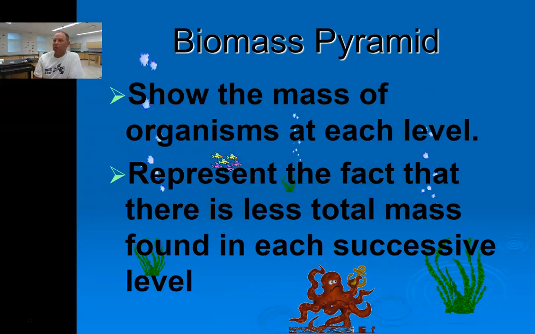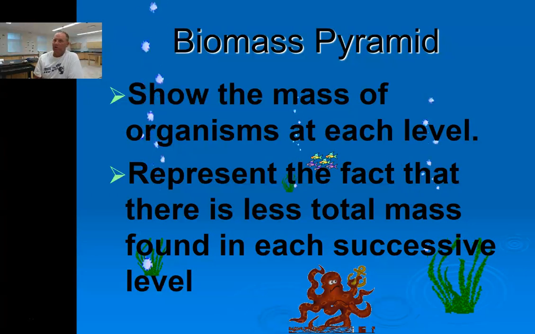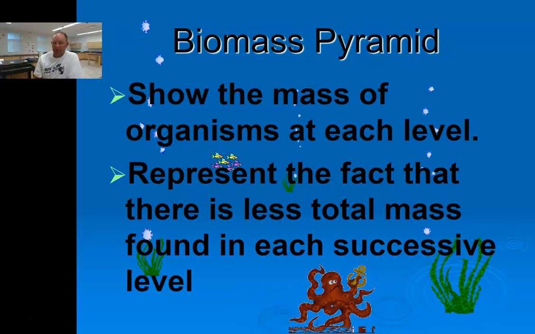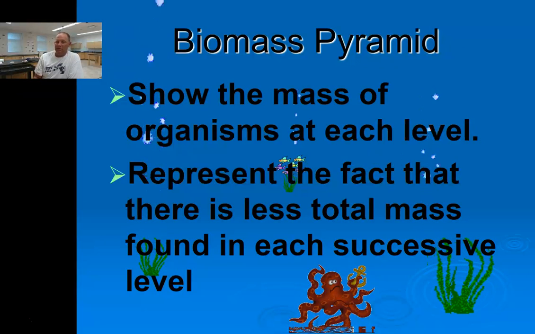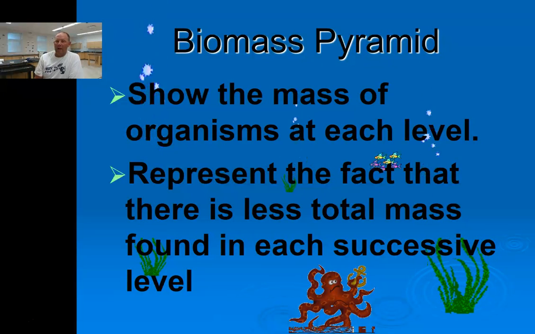So those bottom ones, those autotrophs, those producers, things like grass, wheat, corn, alfalfa, all of these in a given area are going to far outweigh any of the other levels. So there's going to be more weight of alfalfa in a field than there's going to be weight of insects in a field.